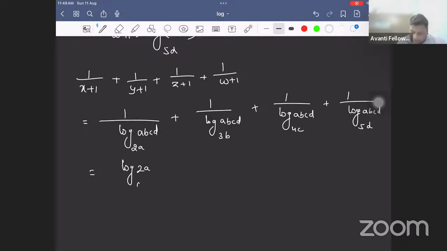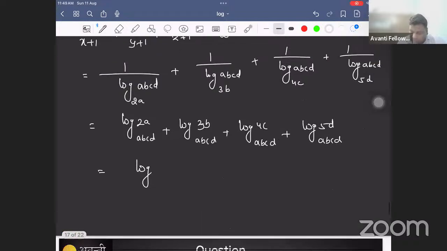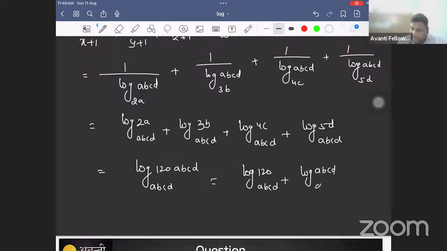Got it? Now, reciprocal of all of them. This will become log 2A base ABCD plus log 3B base ABCD plus log 4C base ABCD plus log 5D base ABCD. So it will be log, multiply all the components, 120 ABCD base ABCD. That is log 120 base ABCD plus log ABCD base ABCD.